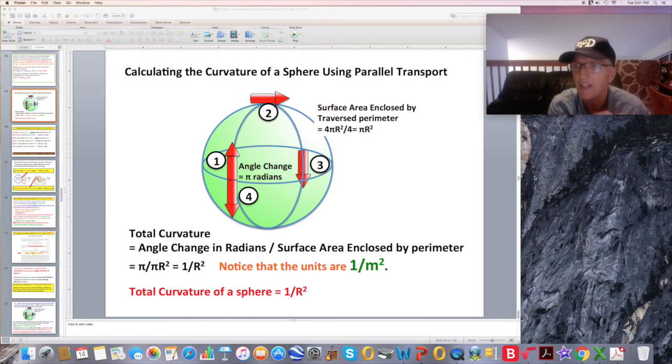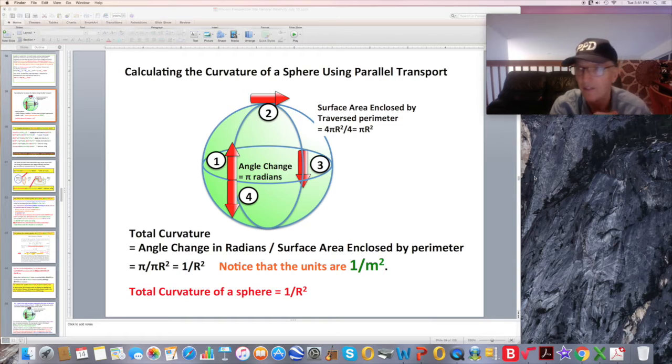So it's not arbitrary, so they use radians. 180 degrees is equal to pi radians. So this arrow does a complete 180, which is pi radians.